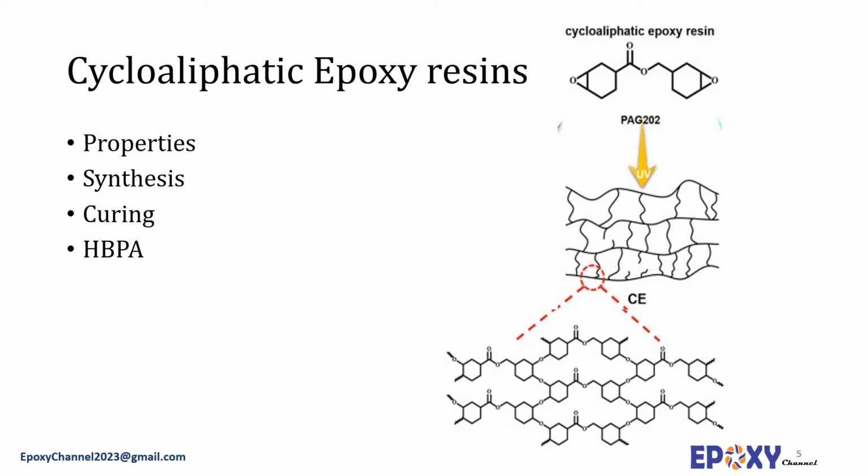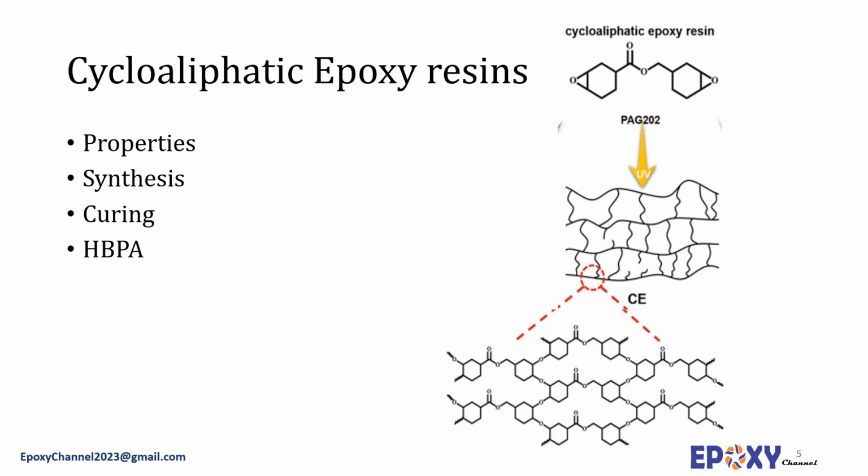One of the highest volume cycloaliphatic epoxy resins is hydrogenated bisphenol A epoxy. This type of resin exhibits a lower resin viscosity and a lower glass transition temperature than diglycidyl ether of bisphenol A, having the same number of repeated units.